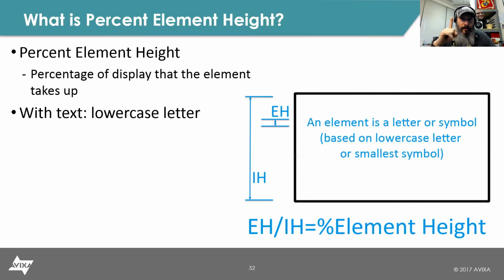So for a 90-inch diagonal, if I did quick math in my head, looking for a 3% element height, 0.45 times 3 is a 1.35 inch tall character or element. So quick math, 90-inch diagonal, 45 inches tall.